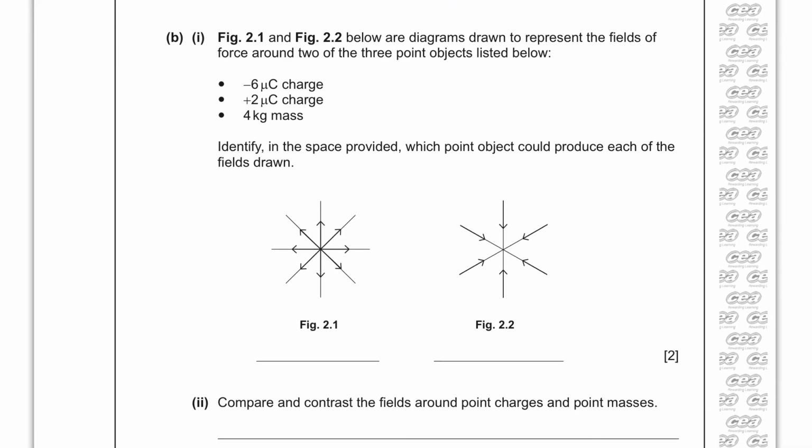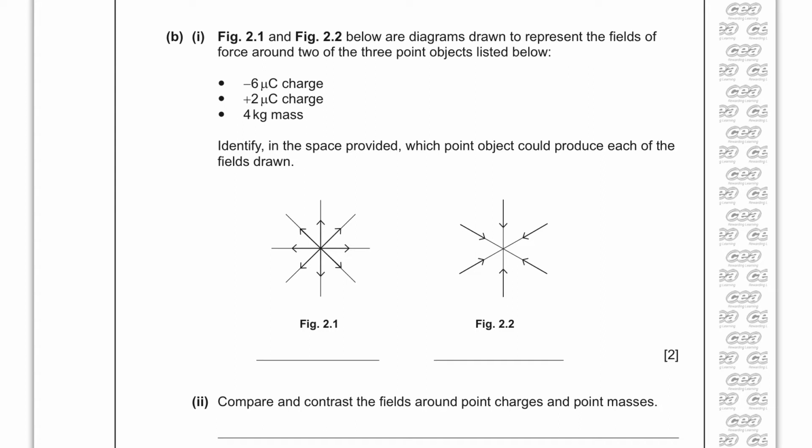Part B then shows us 3 examples of special properties: a negative 6 microcoulomb charge, a positive 2 microcoulomb charge, and a 4 kilogram mass. This is identifying in the space provided which point object could produce each of the fields drawn. We've got an outward field and we've got an inward field.